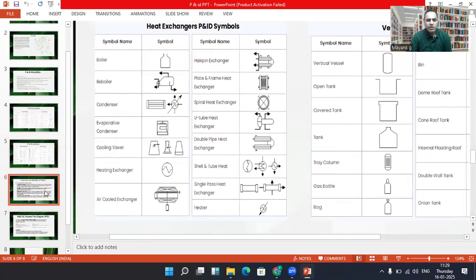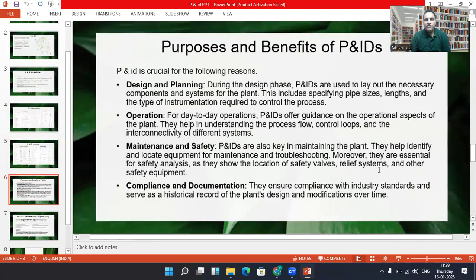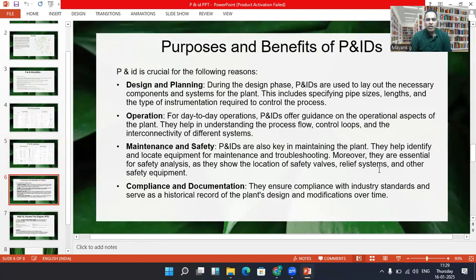Now, what are the purpose and benefits of PNID? It is very important that we understand the purpose so that we can realize the actual benefits of any PNID. The PNID is crucial for the following reasons. First of all, designing and planning. During the design phase, PNIDs are used to lay out the necessary components and systems for the plant.